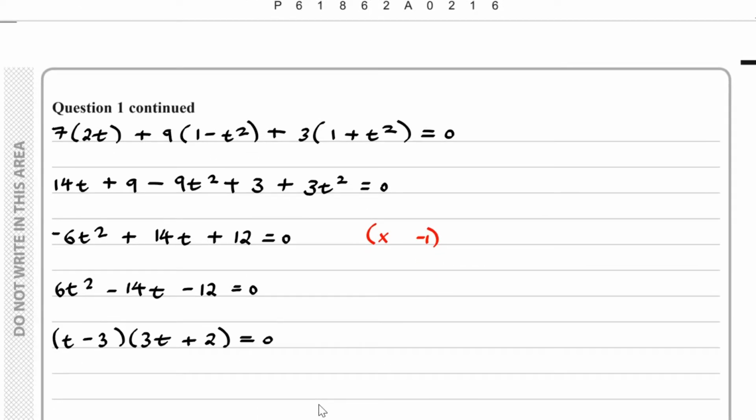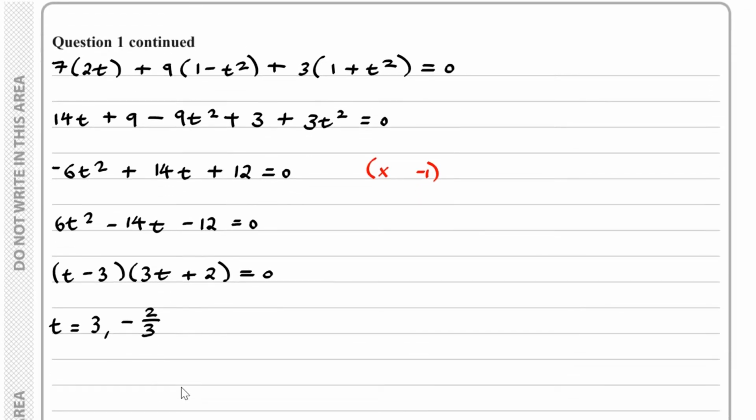And therefore we see that t is either equal to 3 or minus 2/3. And therefore tan of theta upon 2 is either equal to 3 or minus 2/3.